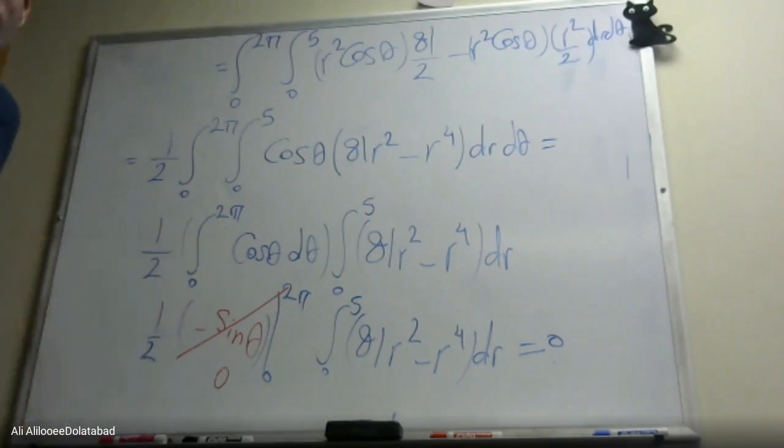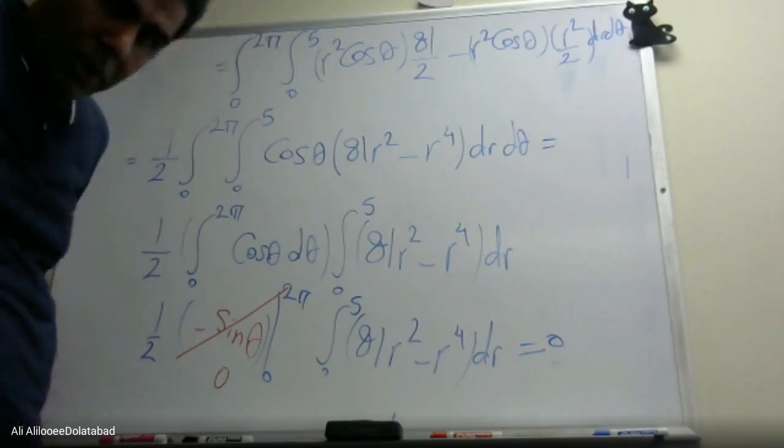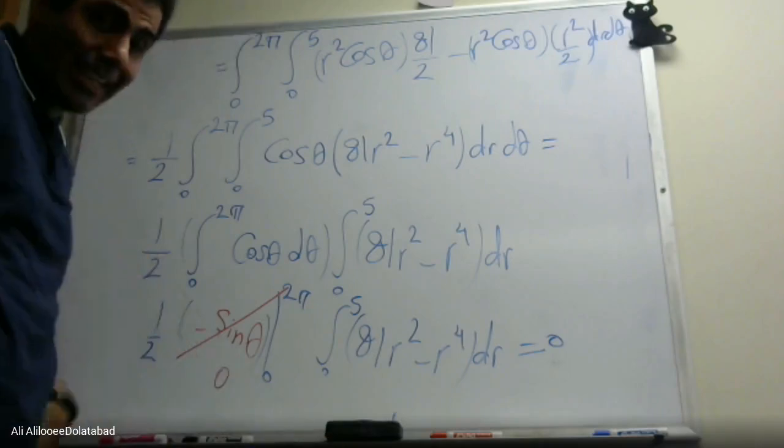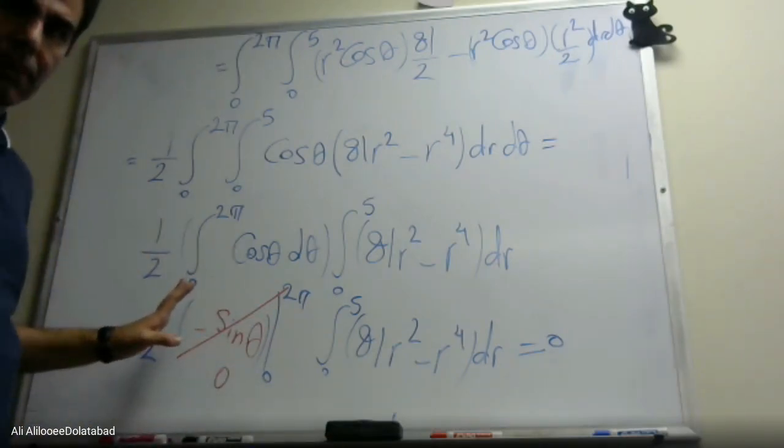That was a very interesting example to show us what we will do. We will continue to find this integral over spherical coordinates. But I should warn you that spherical coordinates are a little bit harder for this example. Any question?